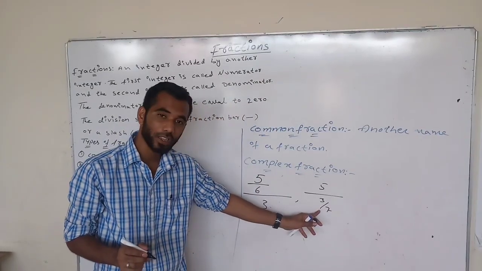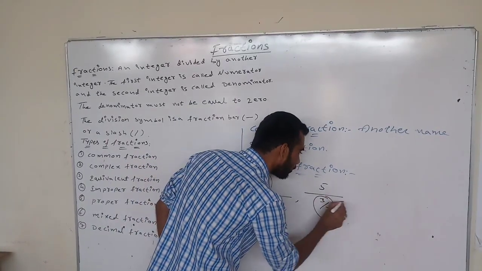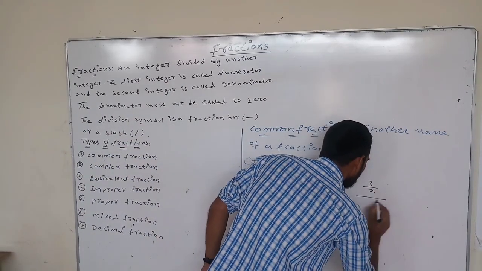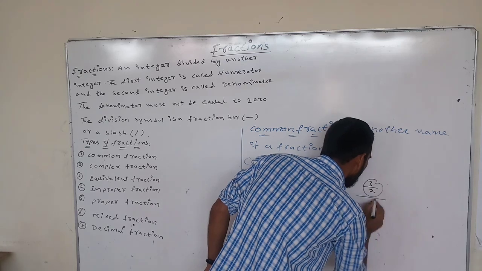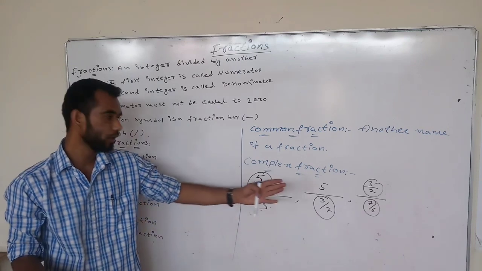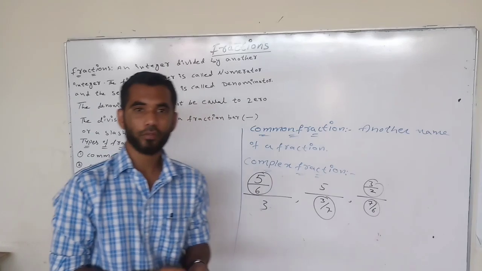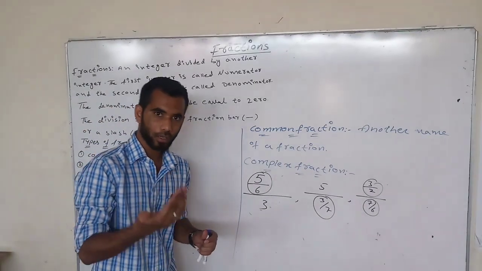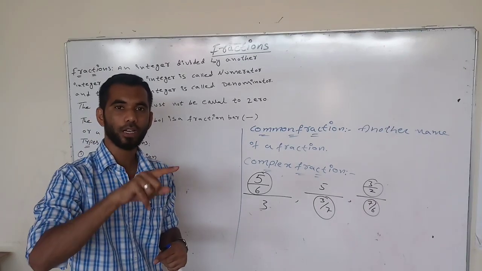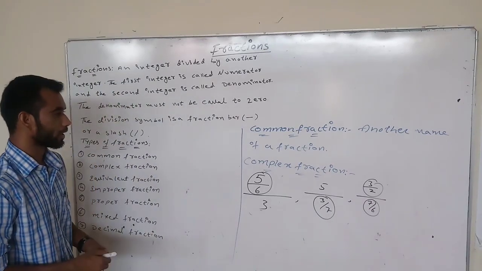Here the fraction is forming in the denominator. Or 3 by 2 by 7 by 6. Here both the numerator as well as the denominator form further fractions.